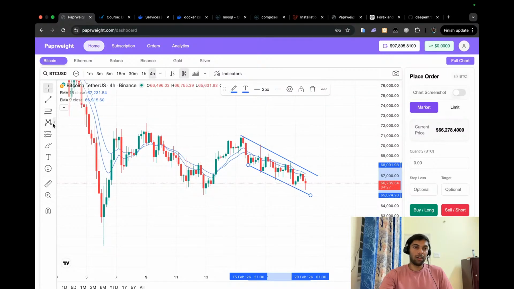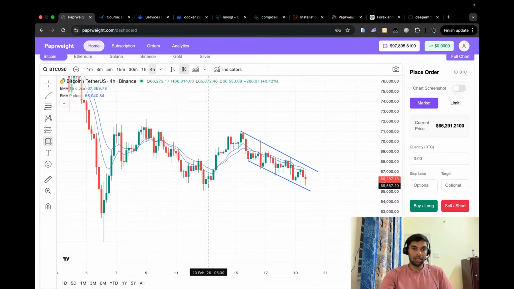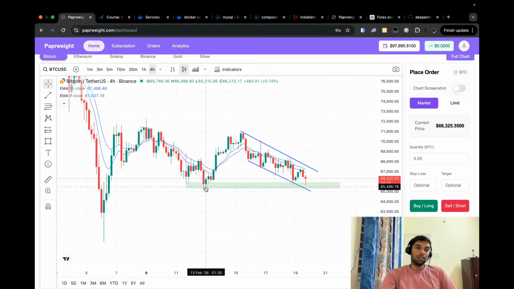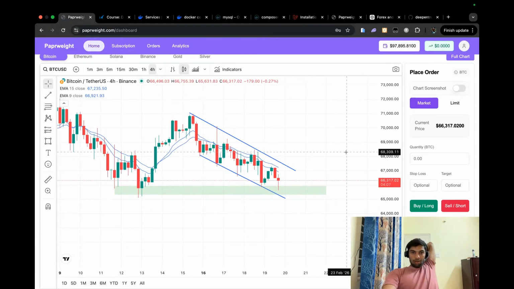One more thing that I can clearly see is this buying zone from where the market took support and went into higher highs. So that is the picture in the higher time frame.